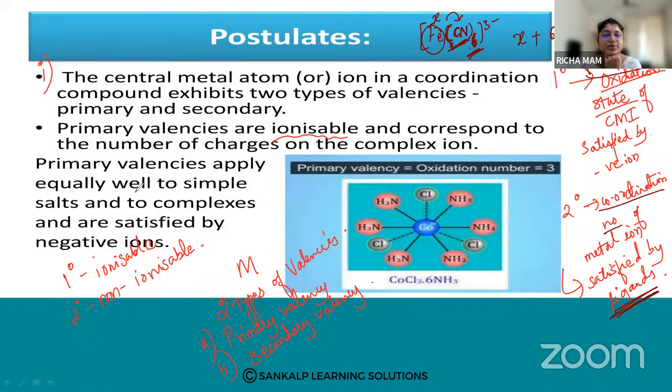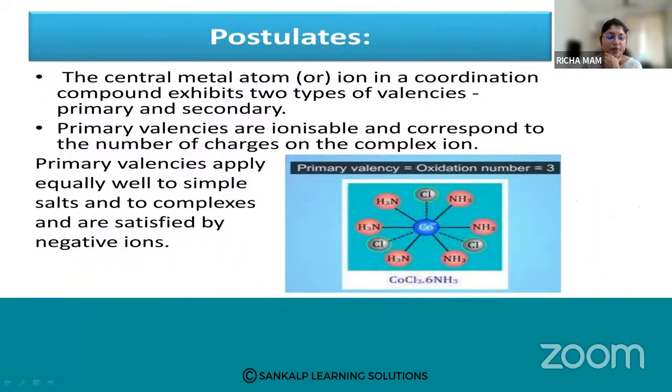Secondary valency tells you the coordination number of the central metal ion, and it is satisfied by the ligands. Coordination number means how many ligands are present around the central metal ion. So these are the points.